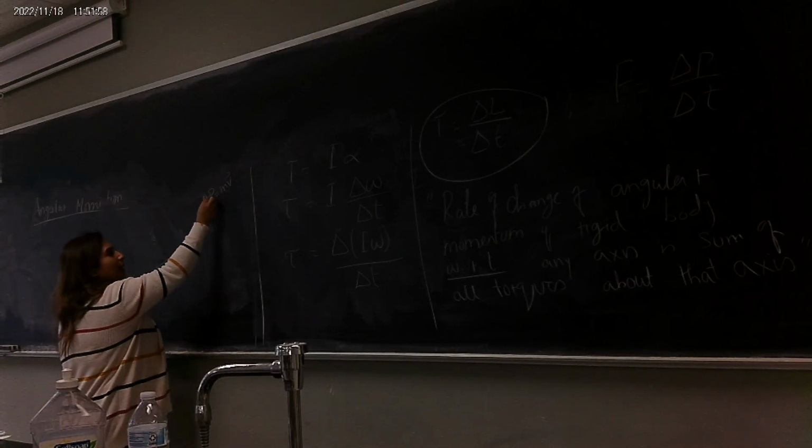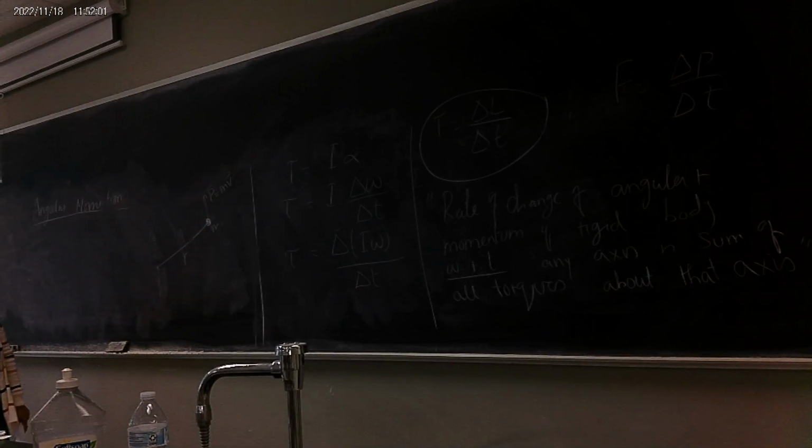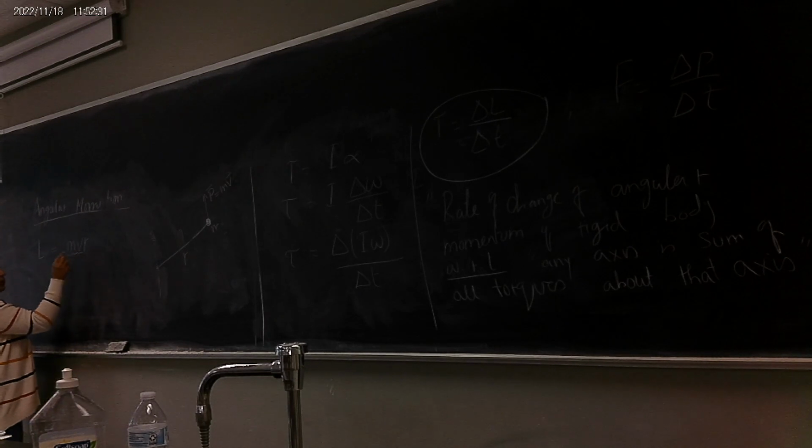Taking the momentum with this velocity, the angular momentum would be equal to mvr, where mv is the momentum of the object multiplied by the distance.